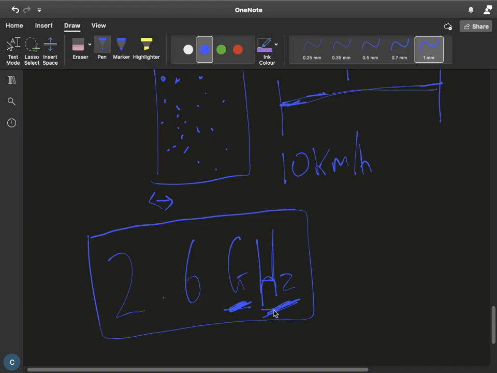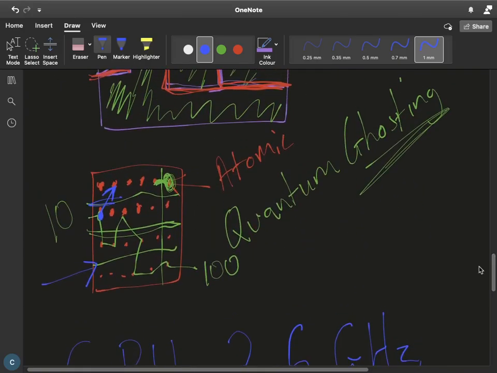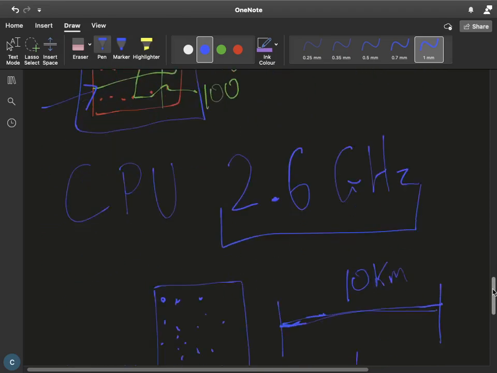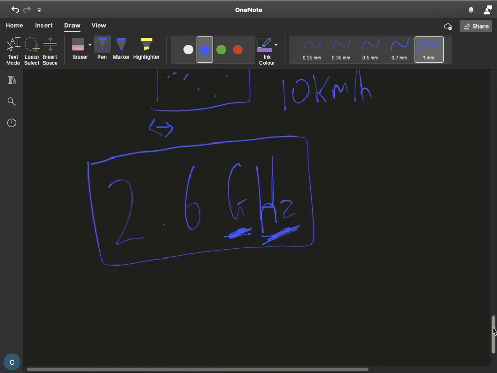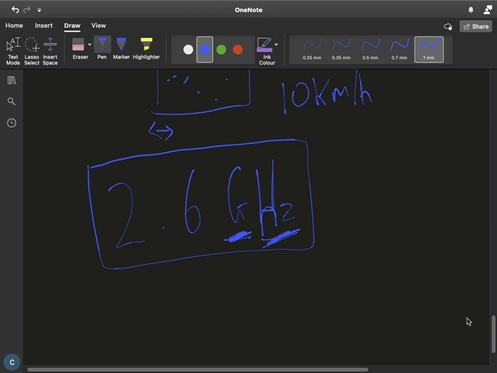And we can do that many purely because of the distance between these things. So we've got the distance and the speed of light nearly, and we can create things at 2.6 gigahertz. I think my computer at the moment is probably running around about 2.6. That's 2 to 3 or 2 to 4, somewhere between that is roughly the amount.